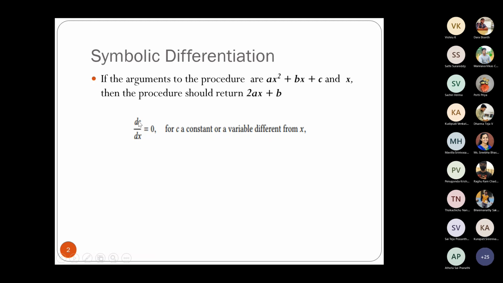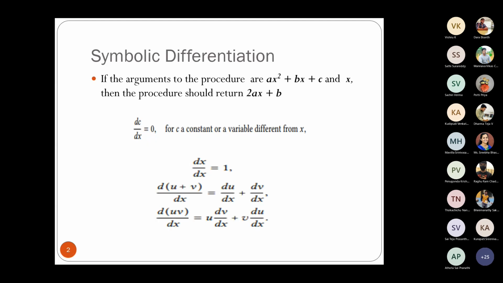For example, dy by dx is also 0, isn't it? Okay, this is the first one, you know already. Then dx by dx: if you look at numerator and denominator, both are the same variable, then the answer is 1. This is a very basic funda.